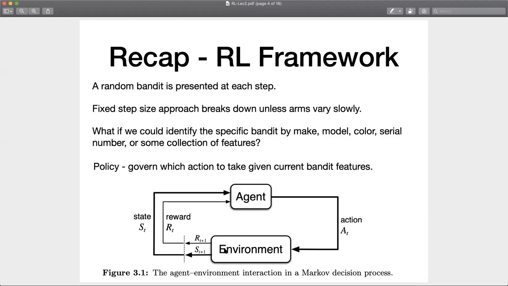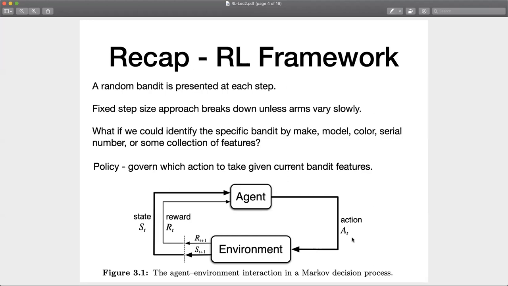The environment is presenting to the agent a certain state: I'm in state 1, or I am a red bandit, or I am a green bandit. That's the current state. Given that state, the agent then makes a choice. The agent follows some kind of policy that tells it, if you're in this state, take this certain action.